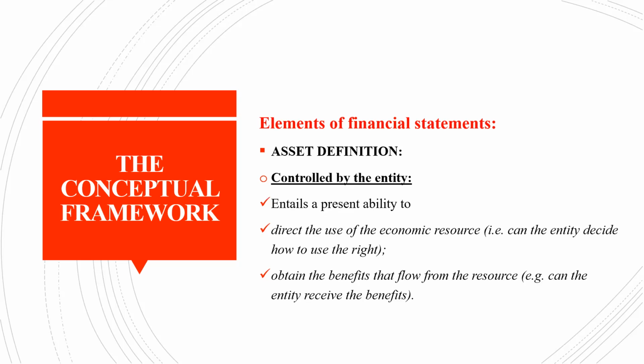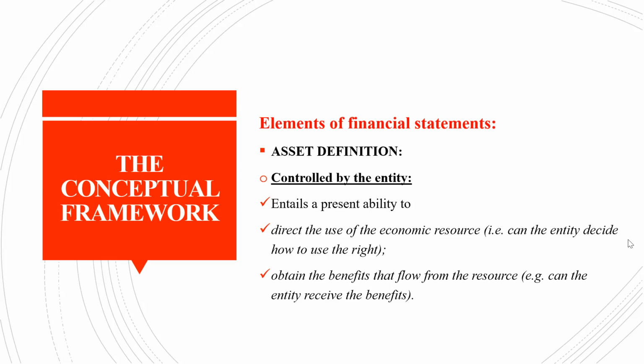Controlled by the entity. What does it mean when we say that the economic resource is controlled by the entity? So control under normal circumstances happens if the entity in question has the ability to direct the use of the economic resource.